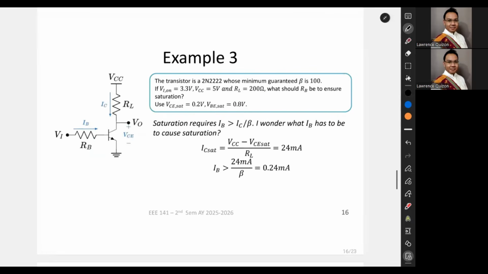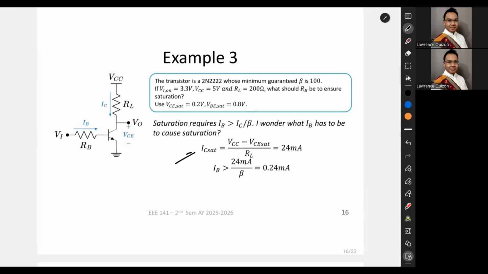So, for example, let's try to build an inverter with a 2N2222, whose minimum guaranteed beta is 100. First, the rule is we want to stay in saturation. So what causes saturation? Saturation happens when the IB is greater than the allowable IB given by IC over beta.